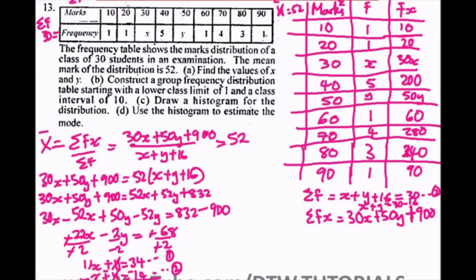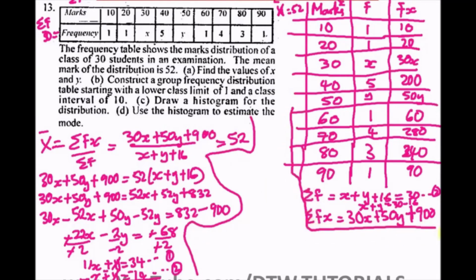We have 11x minus x, that will give us 10x, equal to 34 minus 14, which gives us 20. So 10x is equal to 20. Divide both sides by 10.